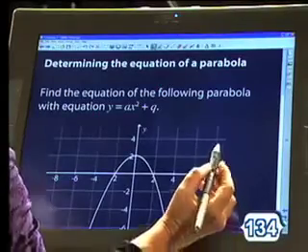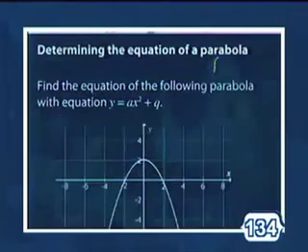Now we're just going to step it up a notch of difficulty and we're going to have a look at, given a completely mystery graph, let's see if we can find out the defining values that we are given in the particular questions. So guys, I'm now on page 134.